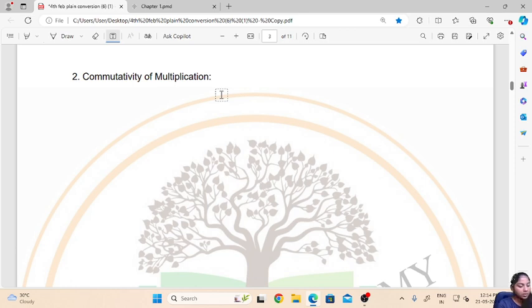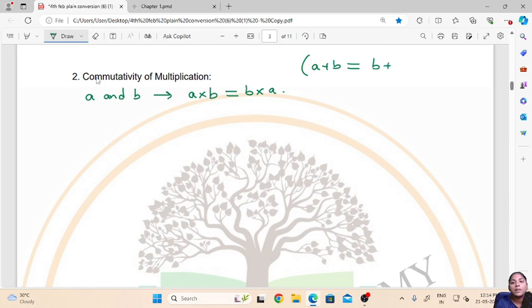Here, for any two integers a and b, we have to see if a multiplied by b is equal to b multiplied by a. In case of addition, a plus b was equal to b plus a.